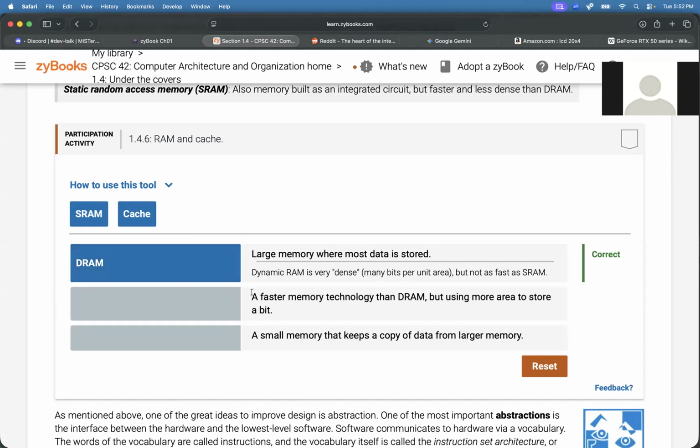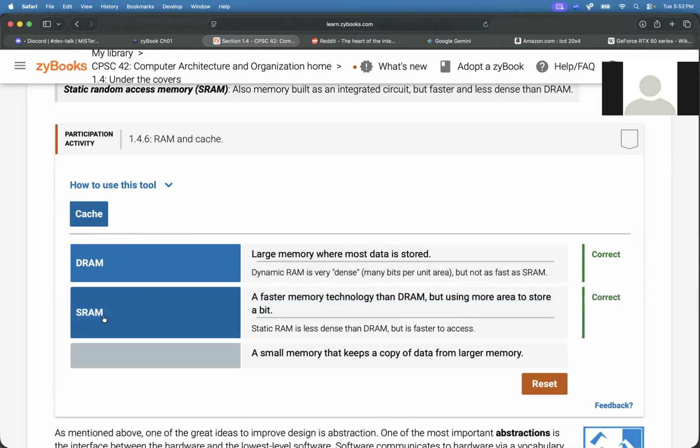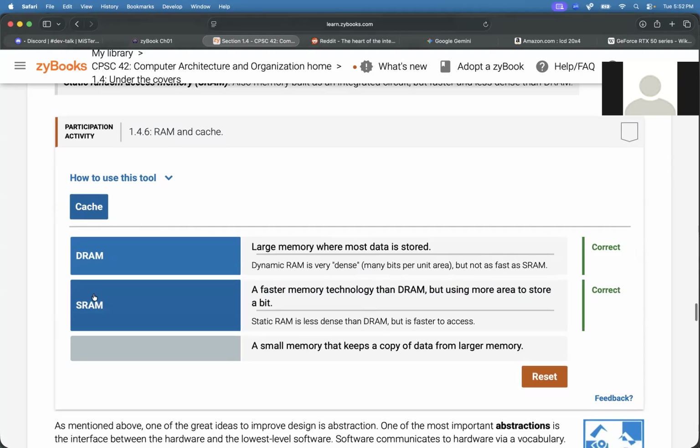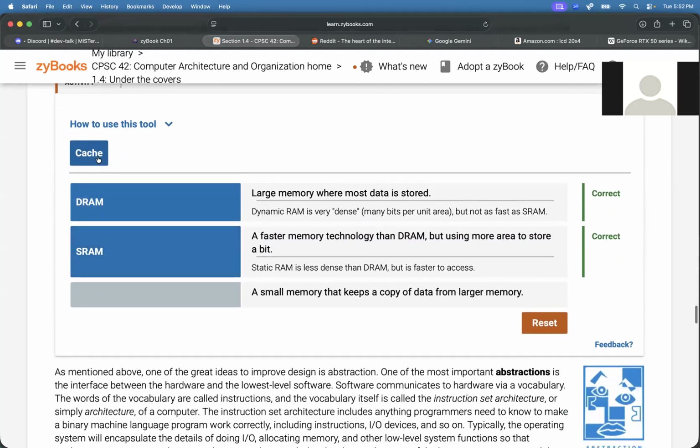And then faster than RAM, but basically more expensive to make is SRAM, which we have not talked about previously, but it's just a different type of RAM. And cache is built into the CPU typically. It wasn't always that way, but cache is typically built into the CPU, and it's sort of a temporary storage on the CPU that keeps a copy of stuff that's in RAM so that it can be accessed faster.